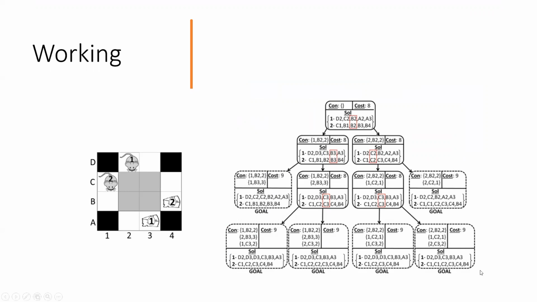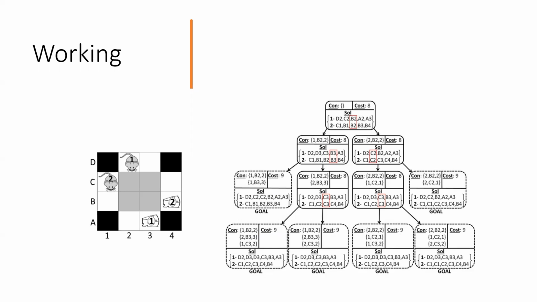In this particular example, we want the robots, or the rats, to move from point one to its goal, which is cheese one, and rat two to move to its goal, which is cheese two. So we form a set of paths.